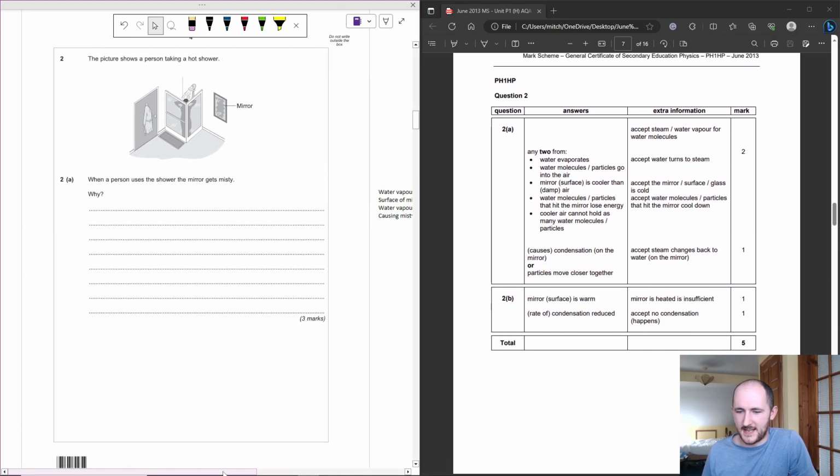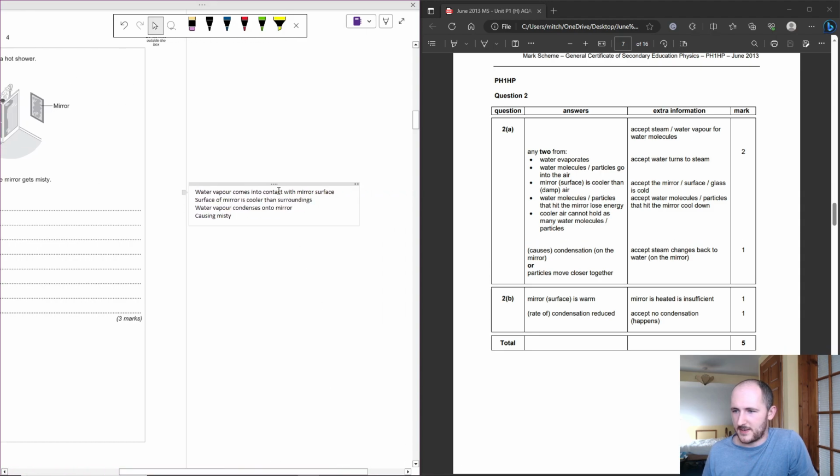Right. So I said water vapor comes into contact with the mirror surface. Mirror is cooler, so that gives me 1 mark. Causes condensation. So it looks like I don't get the mark for saying that it comes into contact.